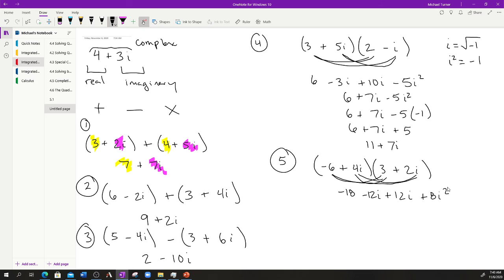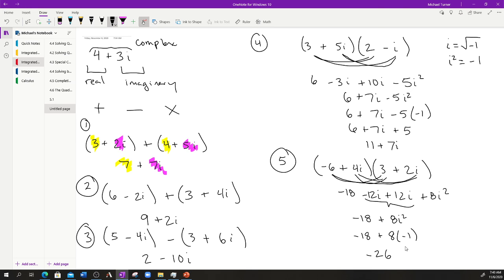Now, it just so happened in this example that I ended up with the same middle terms, which is fine. -12i plus 12i is 0, right? That leaves me with -18 plus 8i squared. From our definition of i squared, we're going to convert that to -1, which means my final answer is -26.